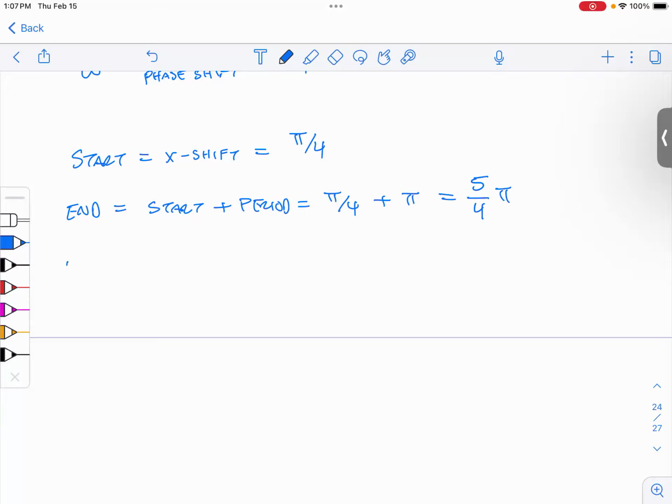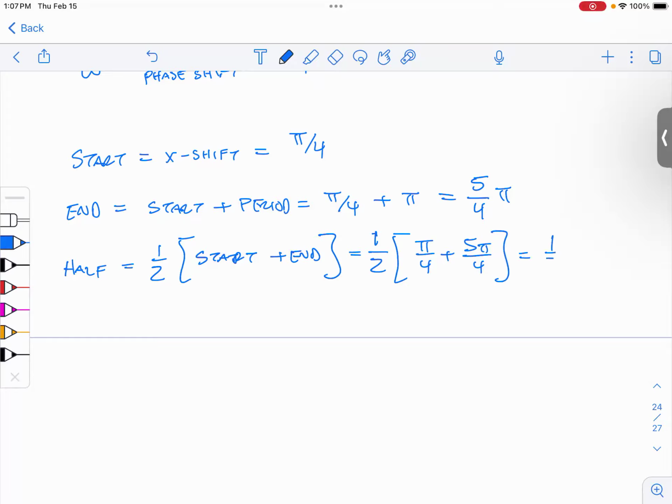All right, and then we can do the halfway math, but this is also something that we might be able to just see. Halfway is start plus the end divided by 2. Let's see if this gets worse. So we have pi over 4, bless you, plus 5 pi over 4.